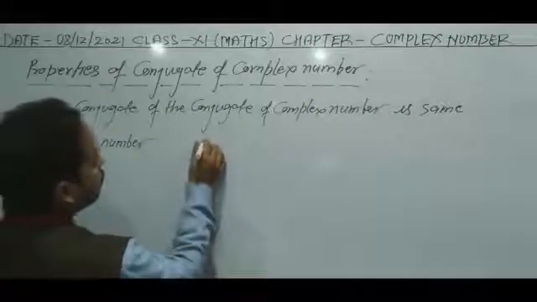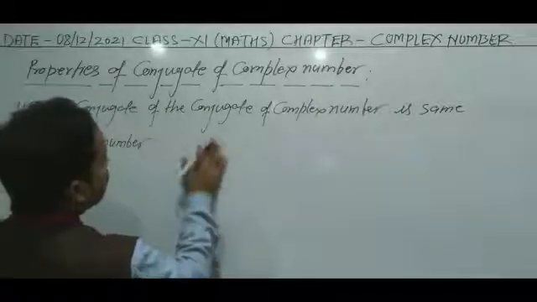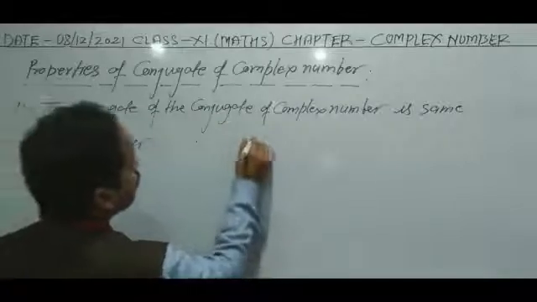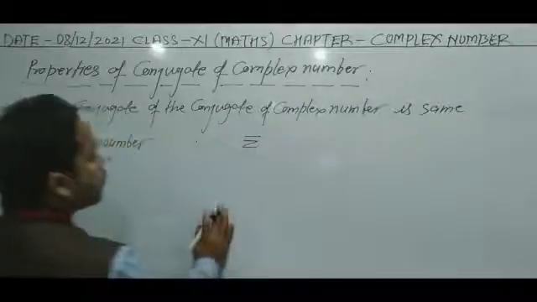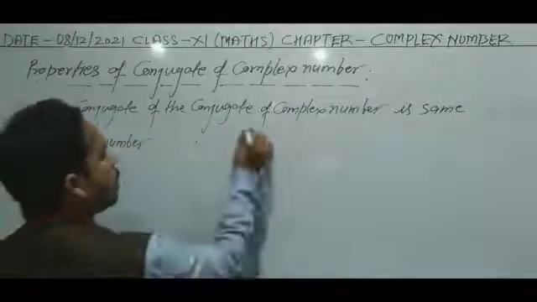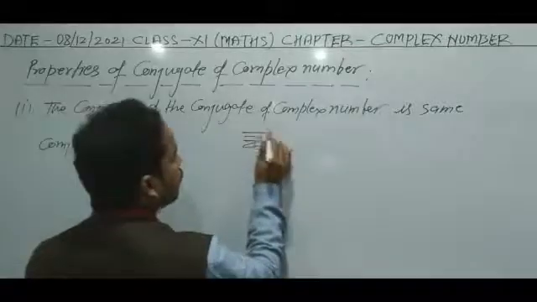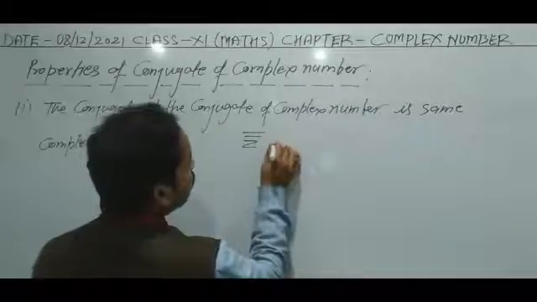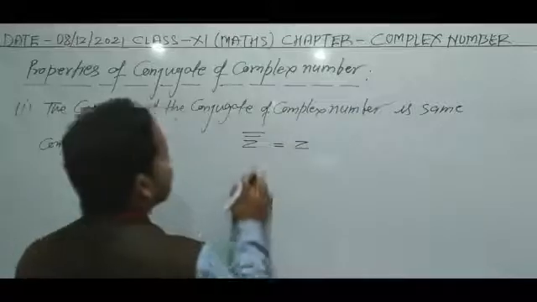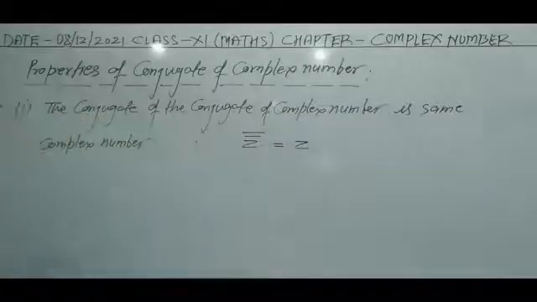This implies this is the conjugate of any complex number, and when you will take double conjugate, so you will get same result. So this is the conjugate of complex number is the same complex number.